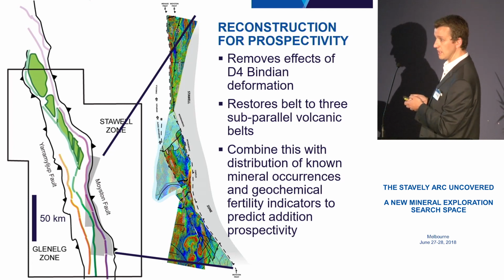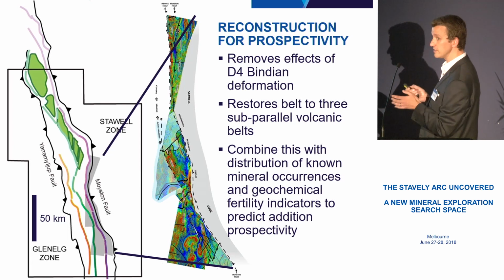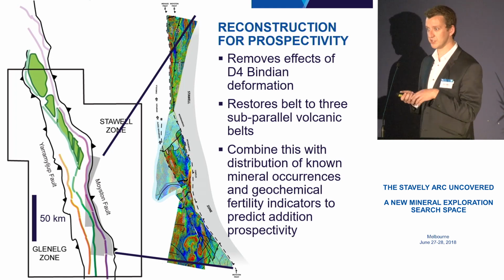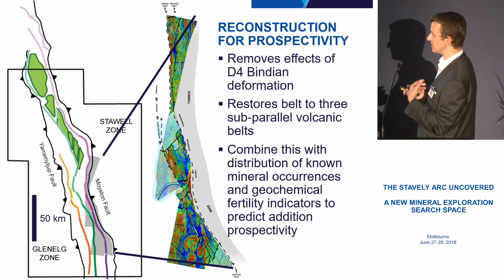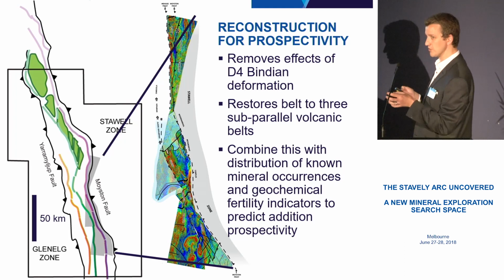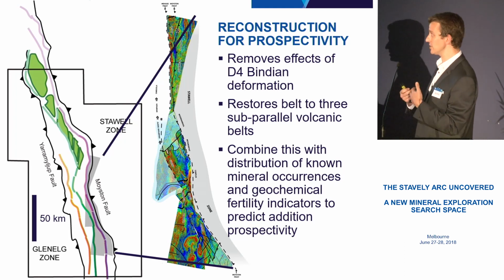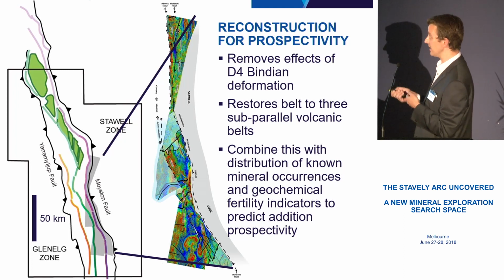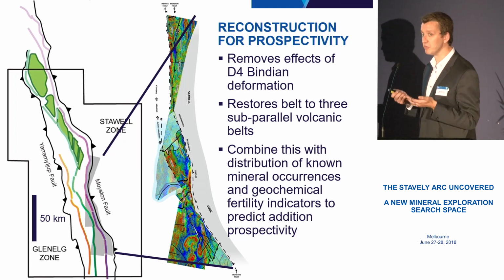We can increase prospectivity along those belts, and we can be a bit more predictive about where mineral systems may occur. One thing to note is we did this same exercise with the retro deformation using the mineral occurrences, but because they're so spatially restricted currently, when you deform them back to their original position at this time, they haven't moved that much.